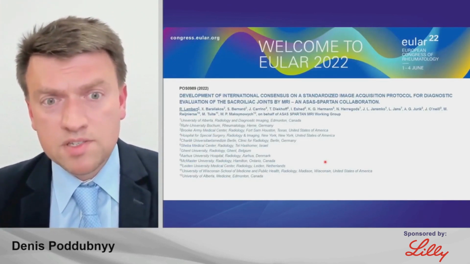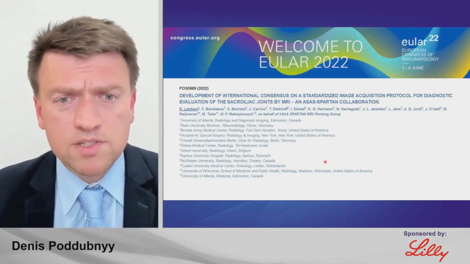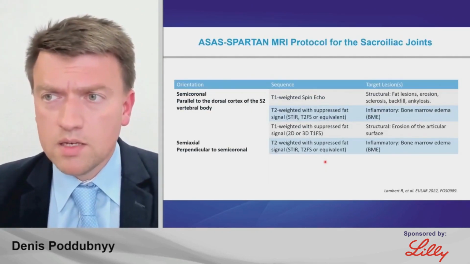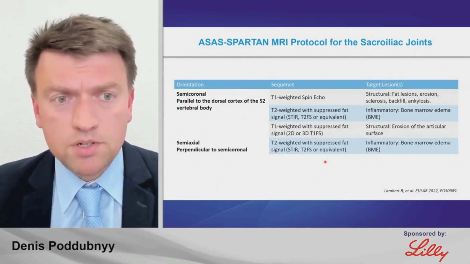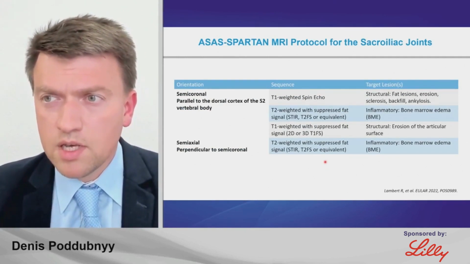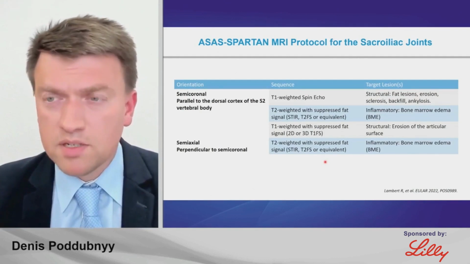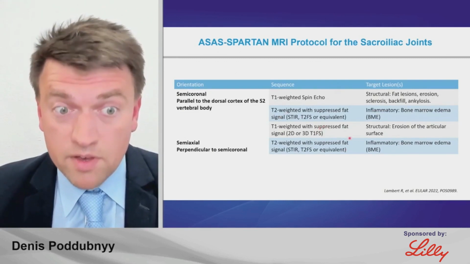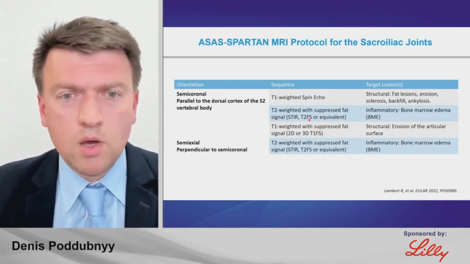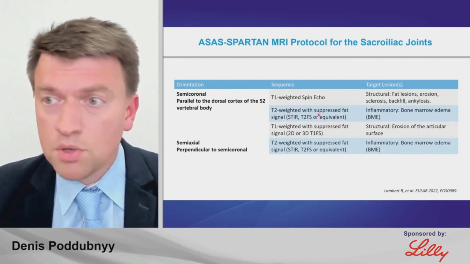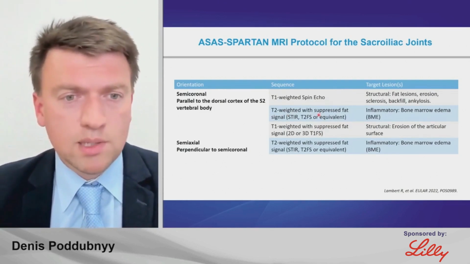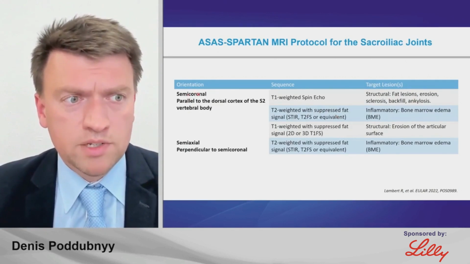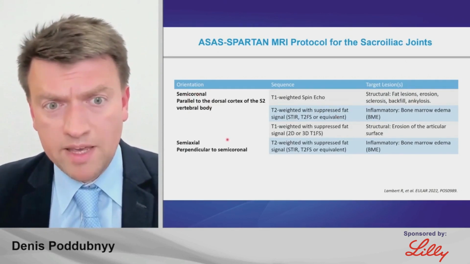For the first time, it is in line with previous recommendations, and we're talking about 2 sequences for the depiction of active inflammatory changes and 2 sequences depicting structural changes. You might realize that, in fact, these are 3 sequences, and we perform 1 sequence twice. This is STIR or T2 weighted sequence with fat suppression in 2 planes or orientations, semicoronal and semi-axial.